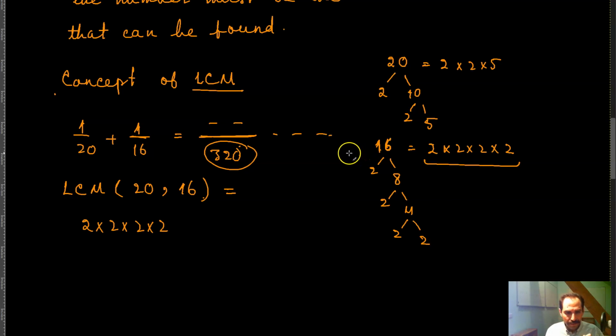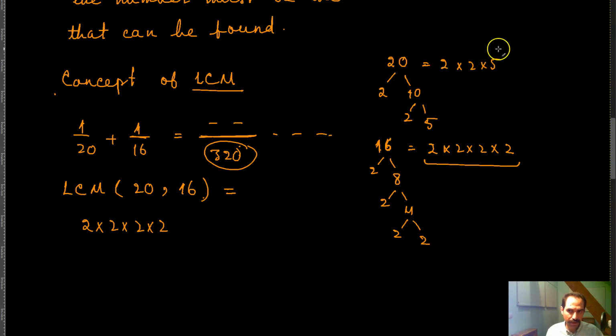And also I need a 20 in my number. The 20 needs 2 factors of 2, but I already have them over here. I have 4 factors of 2, so at least 2 are already in my number. So I don't need to worry about the 2 factors of 2.